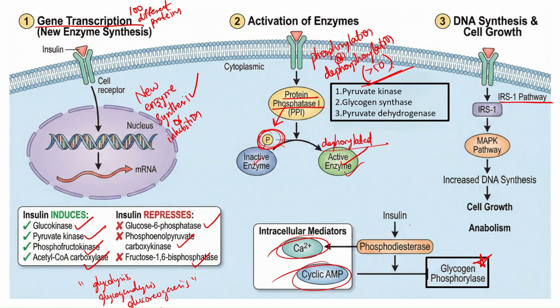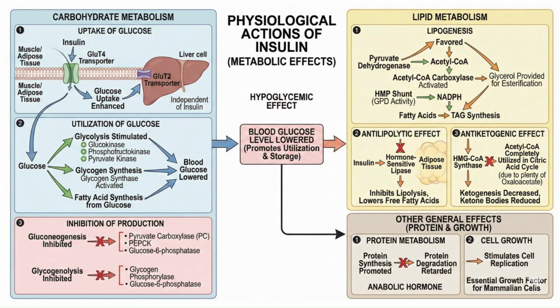So insulin lowers the blood sugar not just by opening the transporters, but simultaneously ordering the cell to build more enzymes that either burn the glucose or synthesize more glucose. This is how insulin activates the enzymes.